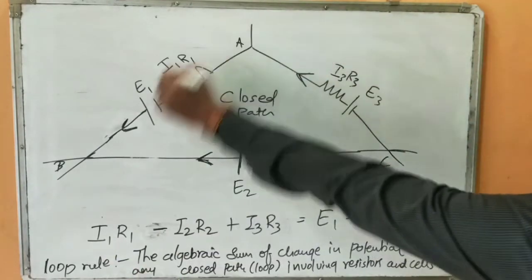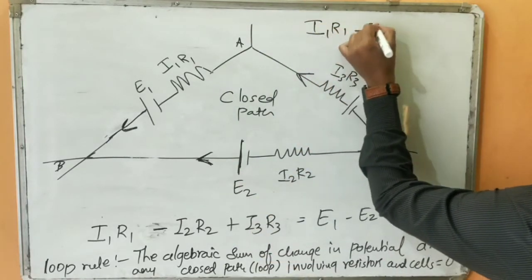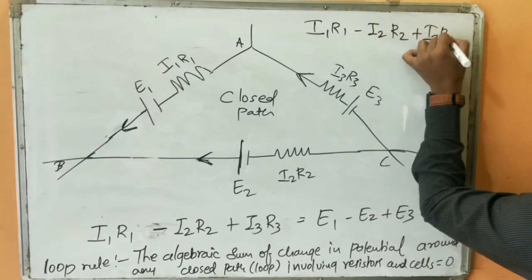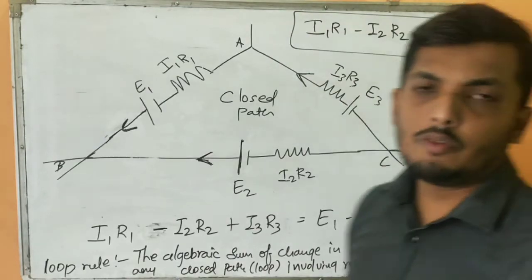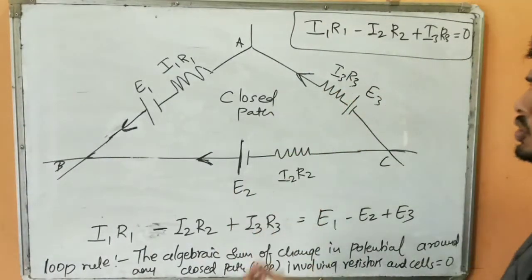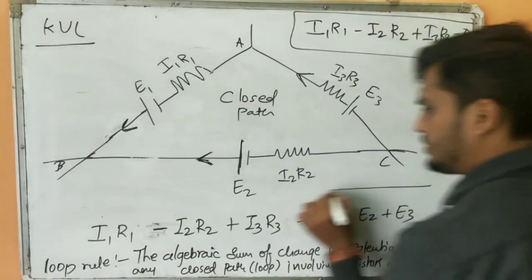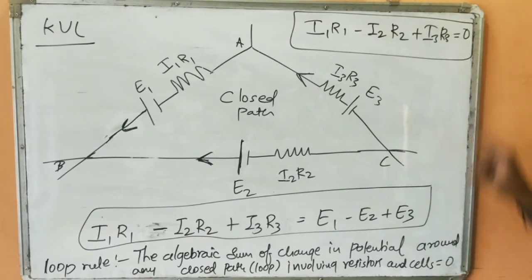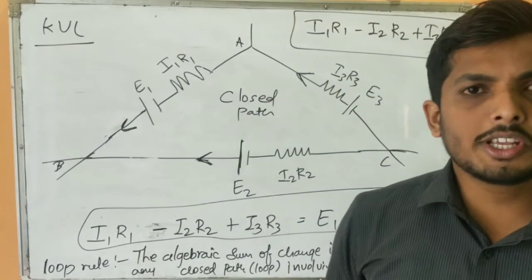So I can further reduce this formula to I1 R1 minus I2 R2 plus I3 R3 equals 0. So this is the modified version of Kirchhoff's voltage law. You can stop here itself, you need not reduce it further. But to study the balanced Wheatstone network, by applying this rule, you can reduce this formula to a much shorter way. So Kirchhoff's voltage law is quite simple.